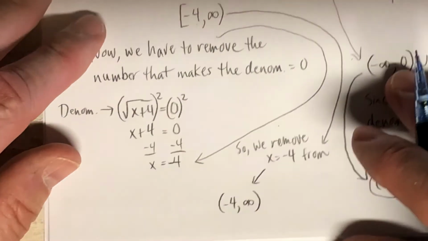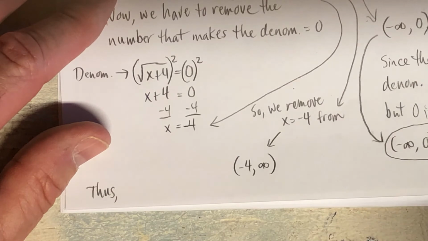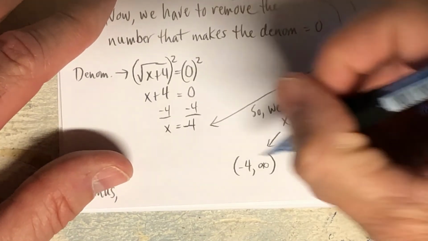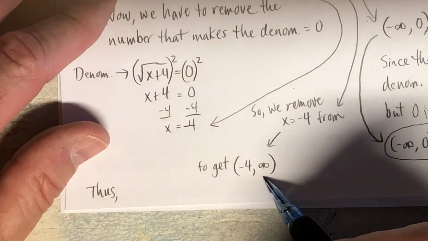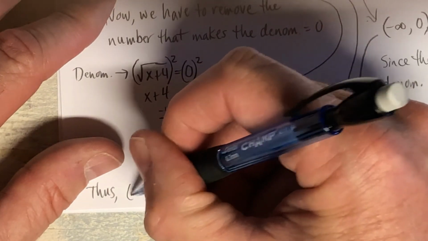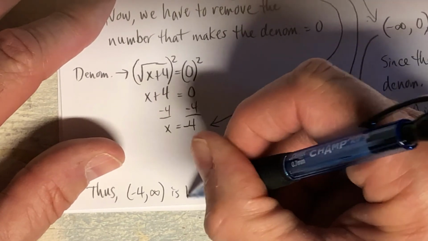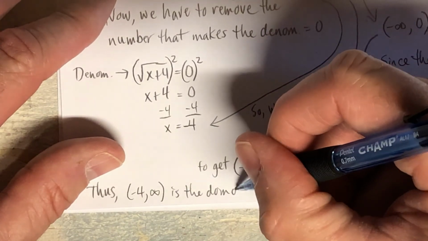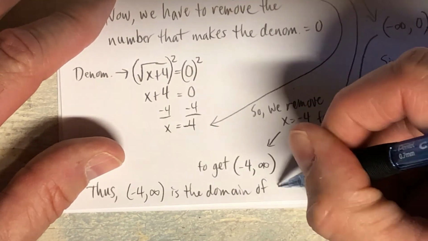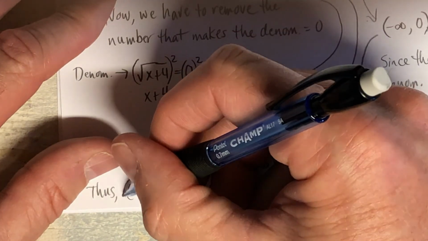So we removed it to get this. Thus, -4 with the round bracket now up to infinity is the domain of g circle f.